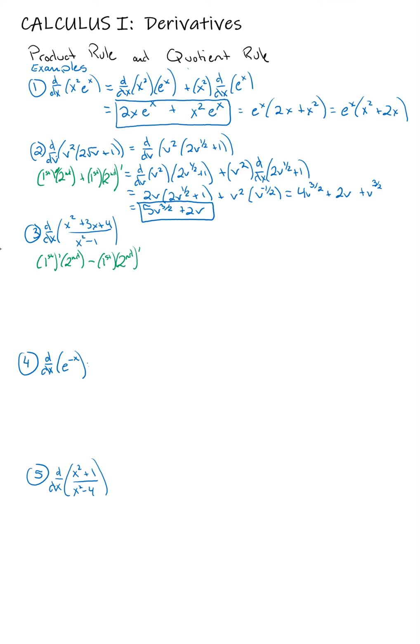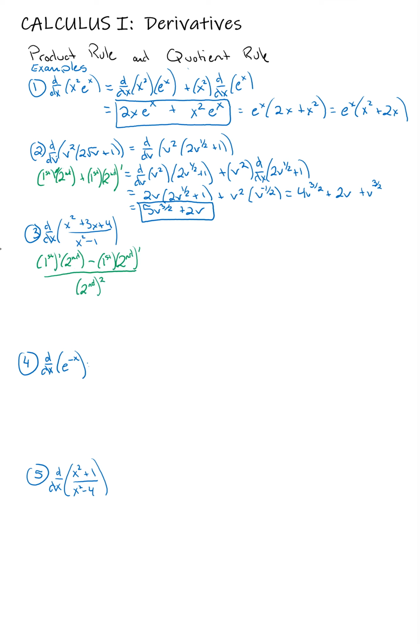Now notice that follows the same pattern as our product rule. Couple of differences. One, we have subtraction here, and then we also have to divide by the second, or the denominator, squared. So again, I treat my numerator as the first function and the denominator as the second function.